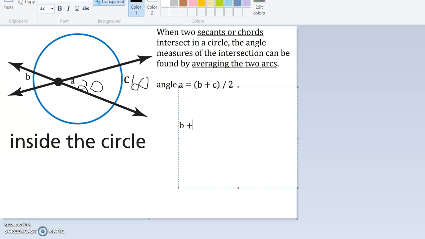plus 60, all divided by 2, is going to get us 20. So a nice result here is that B plus 60 is equal to 40.